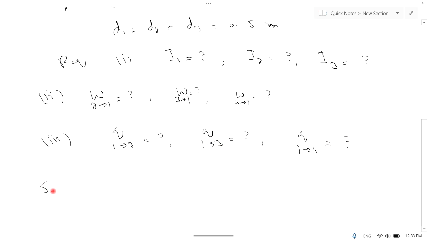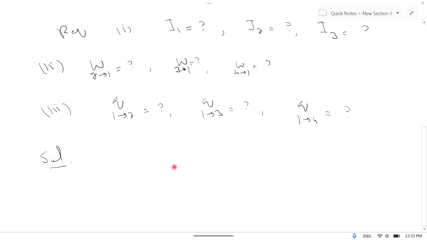So here we start. First we find the intensity. We know that A1 is a diffuse emitter.